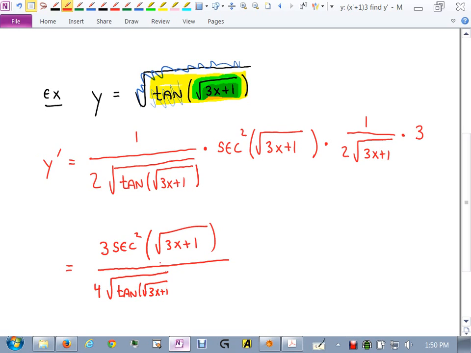Then I had another square root over there. That's on the bottom, isn't it? So I can just tack it on like this, times another square root 3x plus 1. That's good.